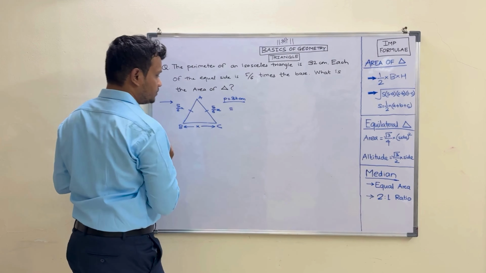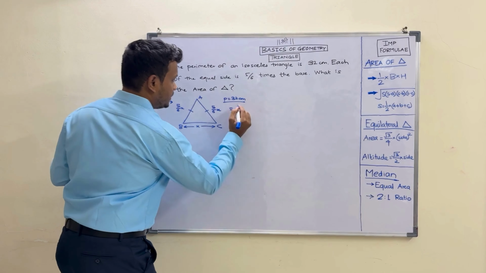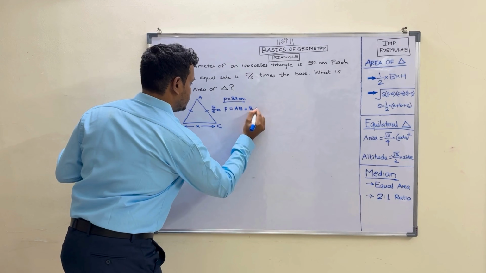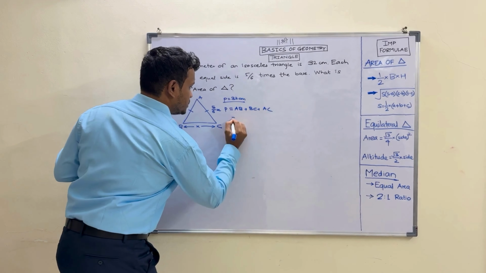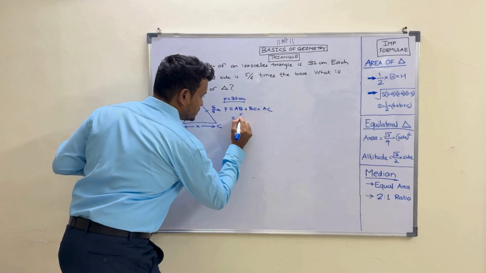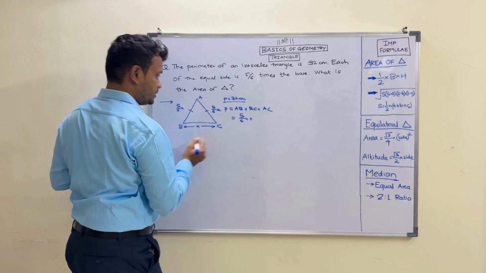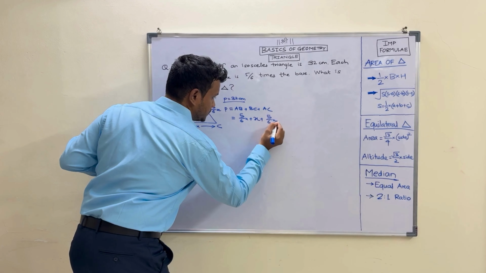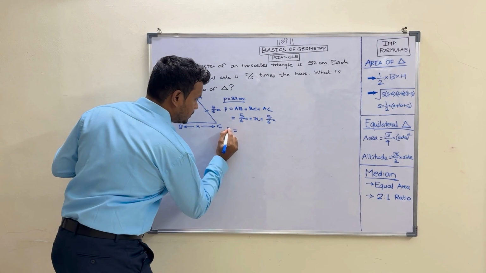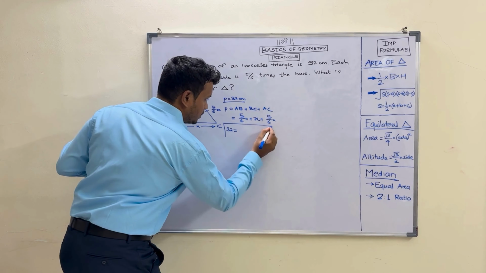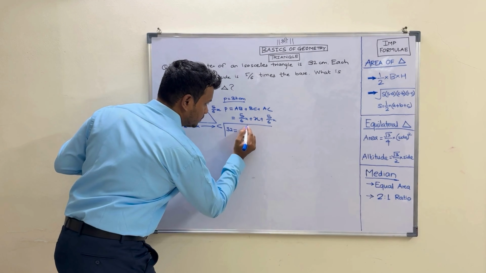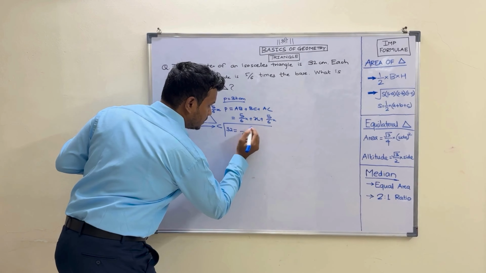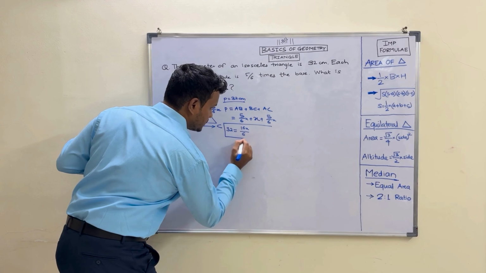And how can I compute the perimeter? Perimeter is the sum of the lengths of the sides. So the perimeter is AB plus BC plus AC. AB is 5 by 6 x, BC is x, and AC is 5 by 6 x again. So I can put 32 as the perimeter, and here I get 16x by 6.